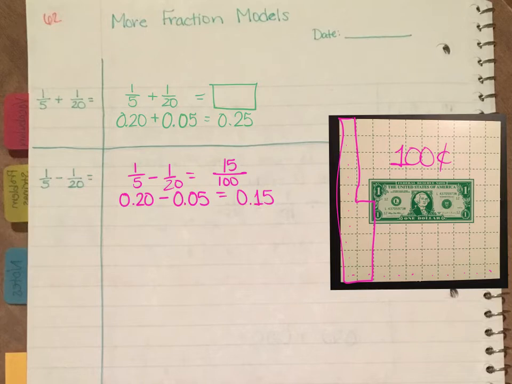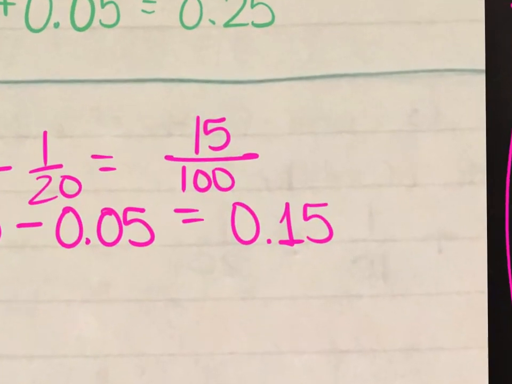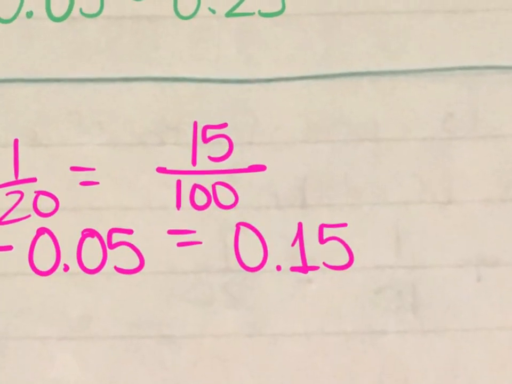Now, we can reduce this. When we reduce, we're going to see, 15 and 100 can both be divided by what number? We can divide them both by 5.